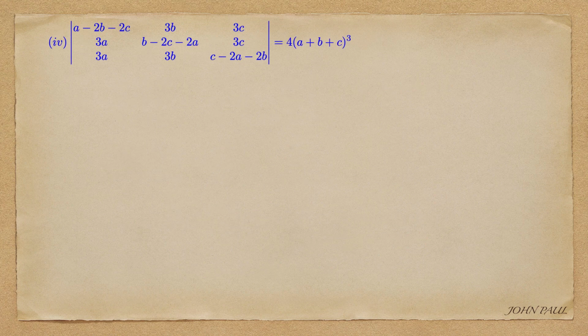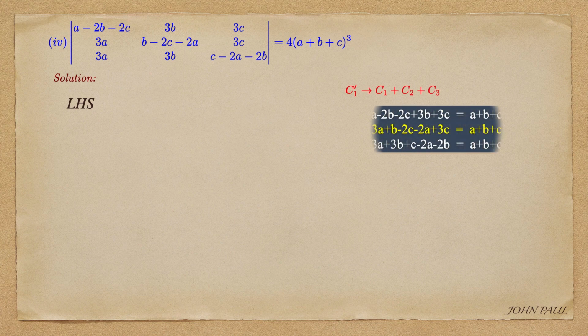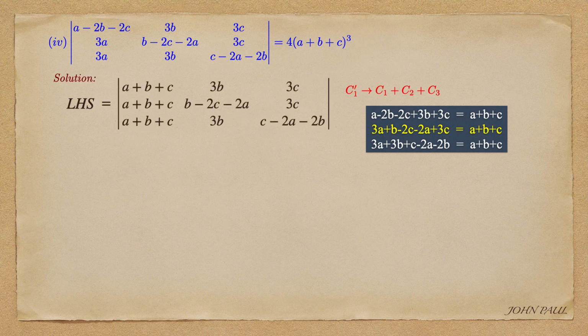Fourth problem: we have to prove that the determinant equals 4 into a plus b plus c whole cube. Solution: left hand side. There is no common term, so we'll add row 1 plus row 2 plus row 3. By adding, we get column 1 as a plus b plus c. We will take this a plus b plus c outside the determinant.